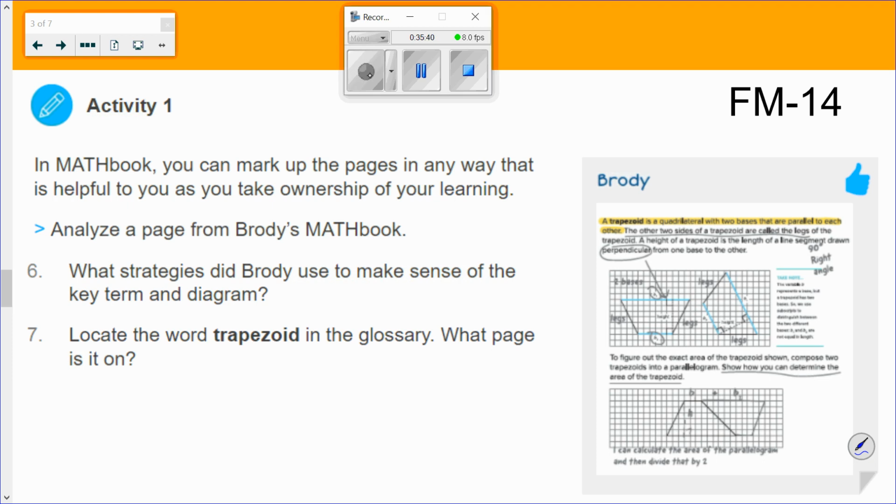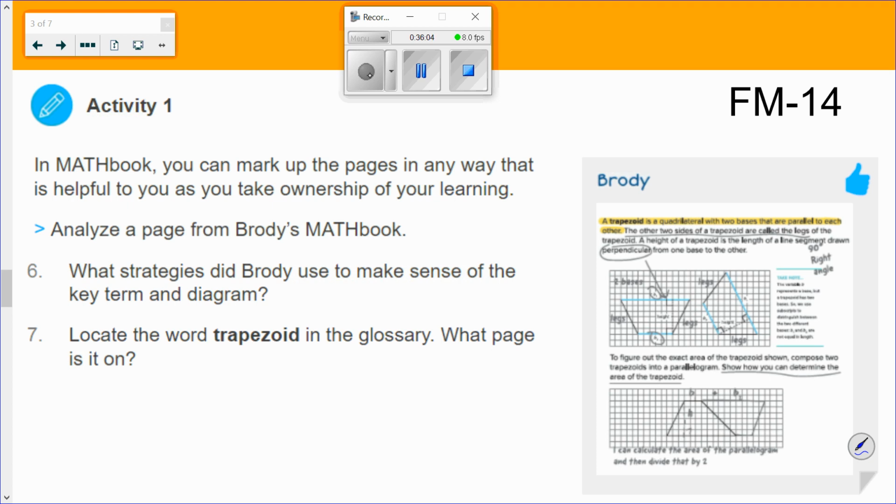Okay, number 6. What strategies did you guys notice that Brody used to make sense of the key term and the diagram? What did you write down? LA, remember? I could use language arts and marking the text.